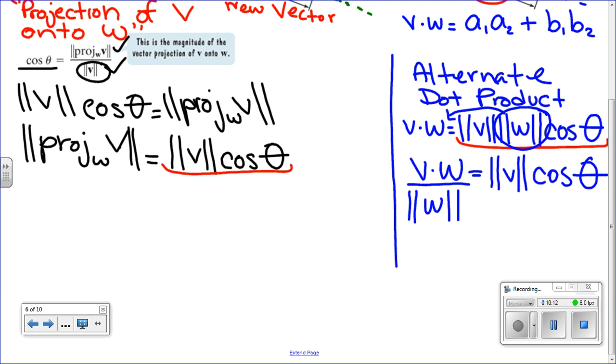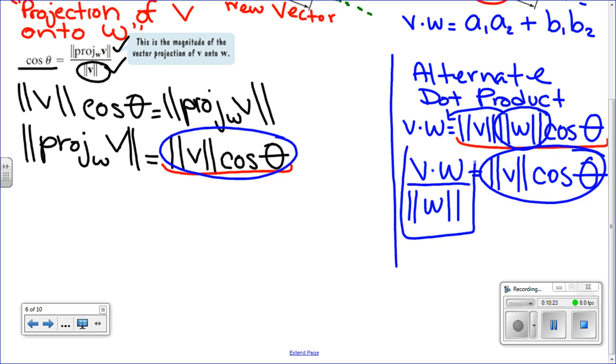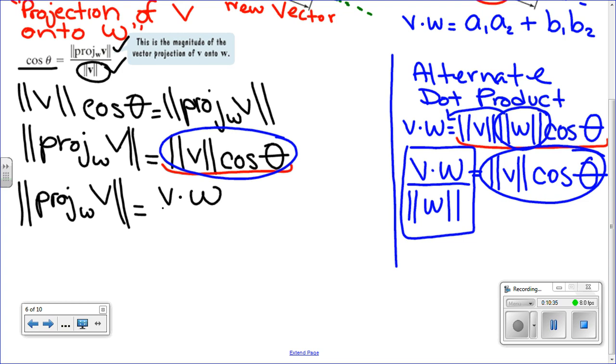Now, what we're going to do is replace this expression that you guys see here with the equivalent expression that is here. Yes, are we okay if I do that step? So now the magnitude of the projection vector V onto W is going to be the dot product divided by the magnitude of W.